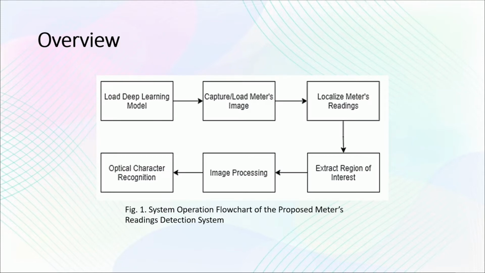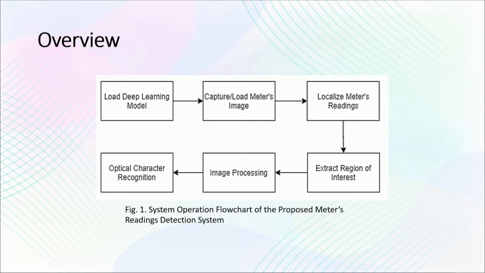This is the overview of the system operation. It consists of 6 major operations. Firstly, the self-trained deep learning model is loaded into the system. Next, the image of the meter can either be captured directly using a camera or loaded from the storage.